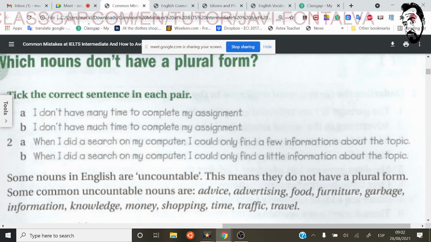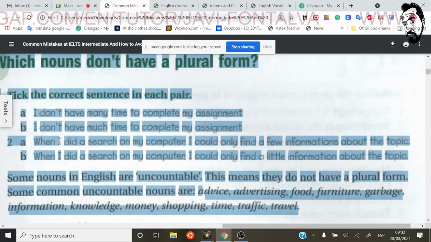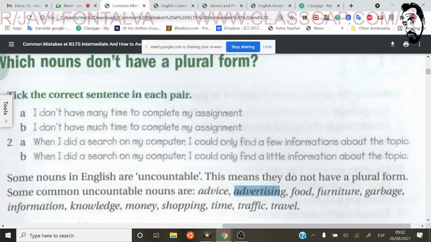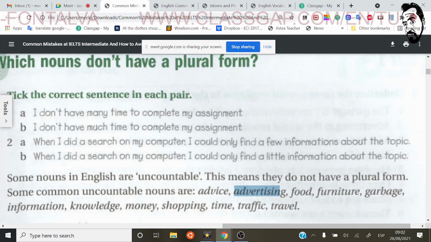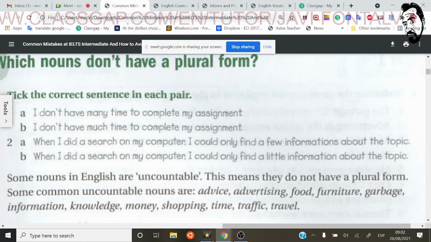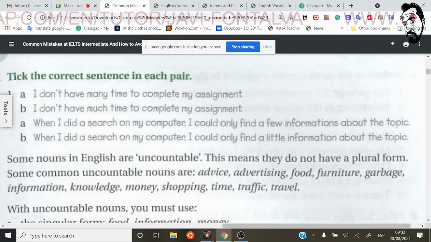For example of uncountable: advice, advertising, food, furniture, garbage, information, knowledge, money, shopping, time, traffic, travel. So these nouns cannot be used in the plural. You cannot add an S.